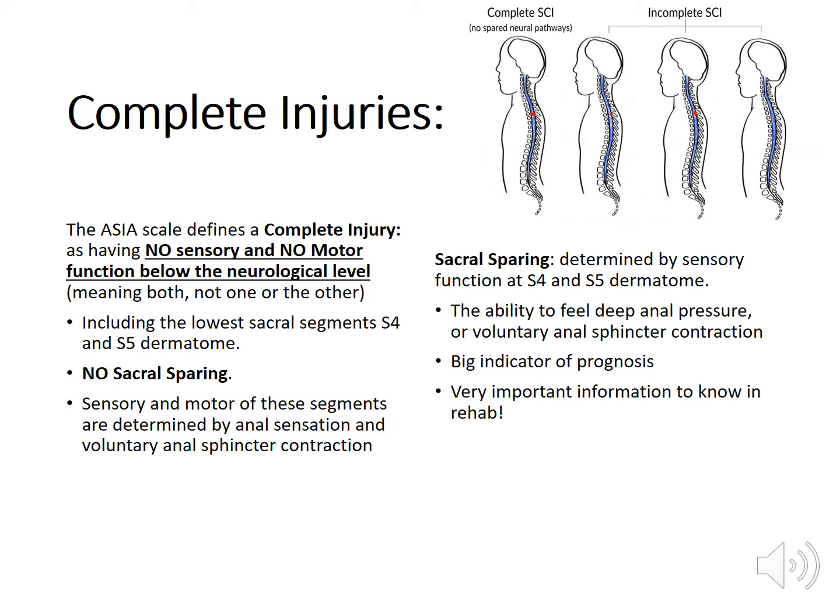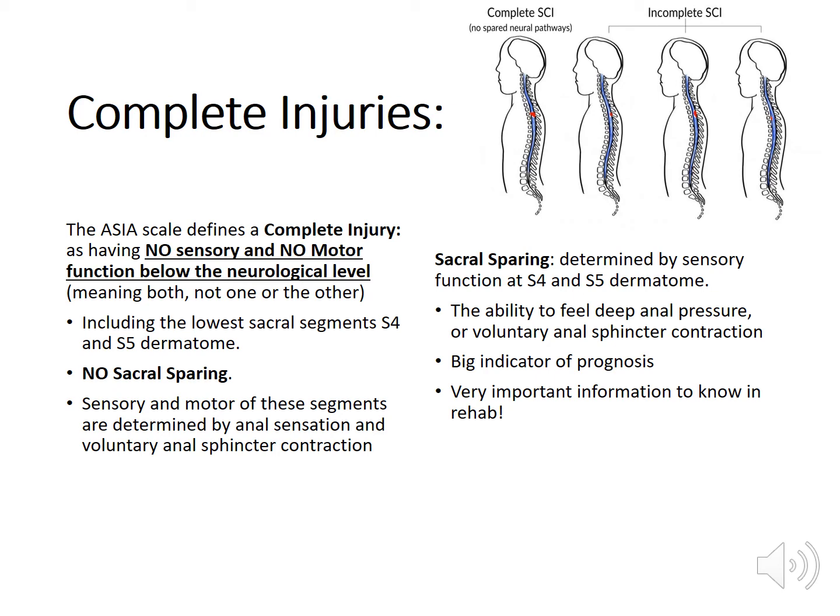This includes the lowest sacral segments, the S4 and S5 dermatomes. There is no sacral sparing, and we're going to be talking about sacral sparing and the meaning of that in this same slide. For this patient, sensory and motor function of these segments are determined by sensation in the anus and voluntary anal sphincter contraction.